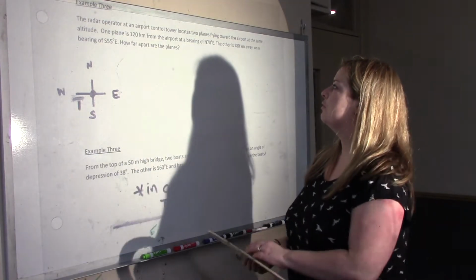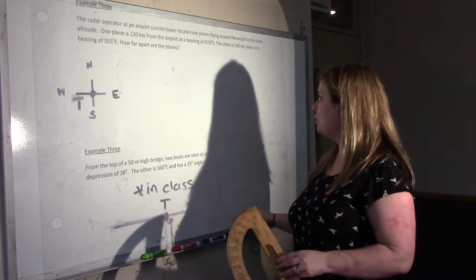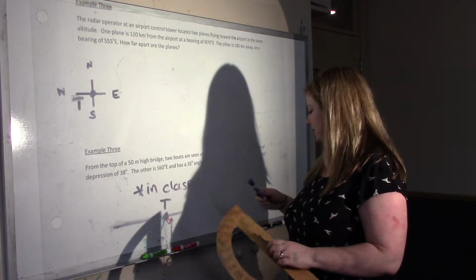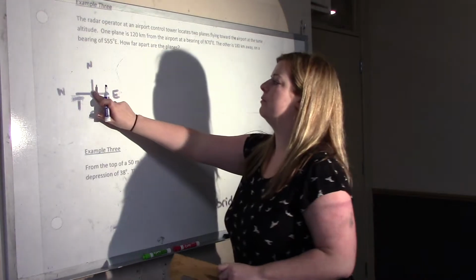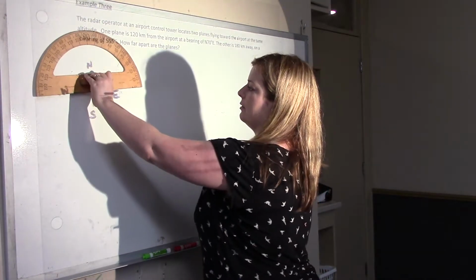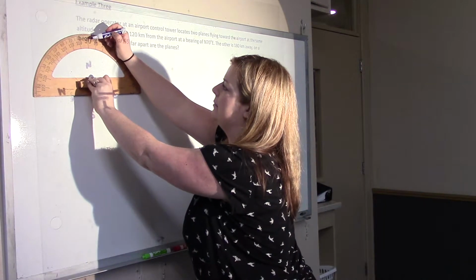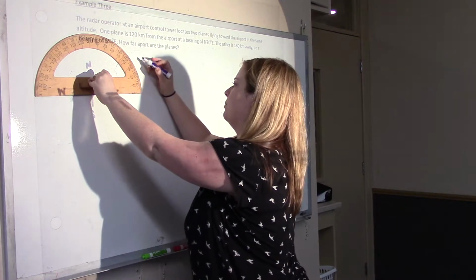Okay? So one plane is 120 kilometers away at a bearing of north 70 degrees east. So here we go north, and then from there we go 70 degrees to the east. You place your protractor here, and if here's 90, then we go 70 degrees this way, so to 20 in this case.